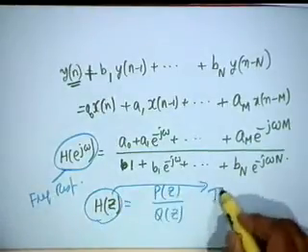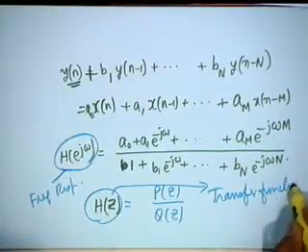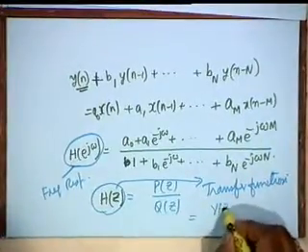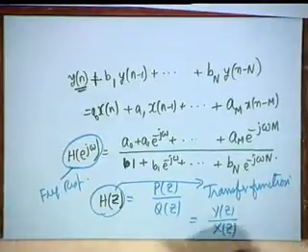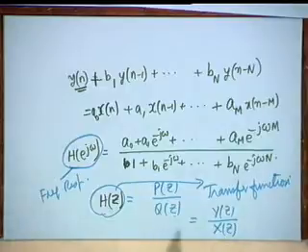This is simply called the transfer function, because as you can see, it is also the ratio of Y of z divided by X of z. How X of z is transferred to the output is characterized by the ratio H of z. And one should remember that the z domain transfer function and the frequency response are intimately related, provided both of them exist.